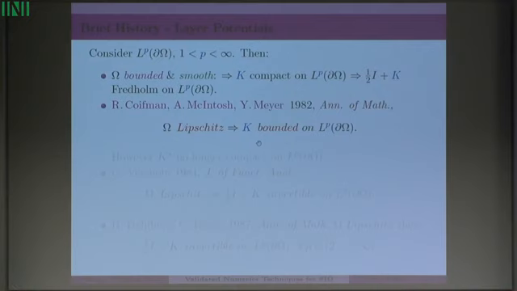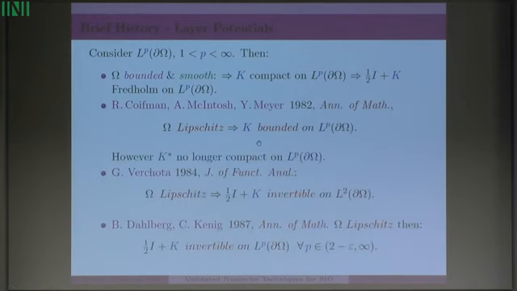This has been solved after an original development by Alberto Calderón for the Cauchy integral operator on Lipschitz curves with small Lipschitz constants. The problem has been completely solved by Coifman, McIntosh, Meyer in the early 80s by showing that if the domain omega is Lipschitz, then K is bounded on L^p for any p strictly between 1 and infinity.